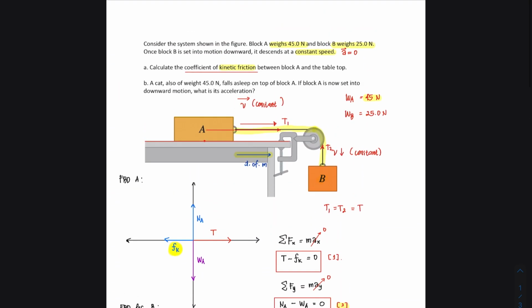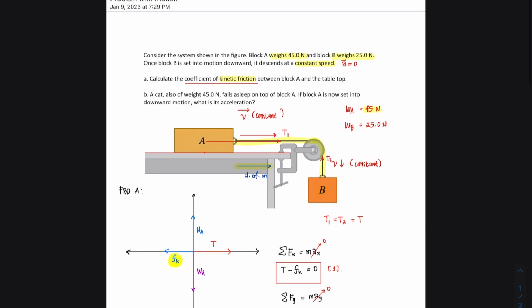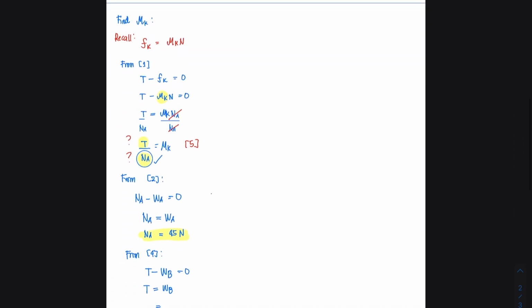And what is W sub B? That is also given in the problem. The weight of B is actually 25 newtons. So the tension then will just be W sub B or 25 newtons. I'm going to highlight this again. And this tells me that this T that I'm seeing over here is something I have already solved the value for.